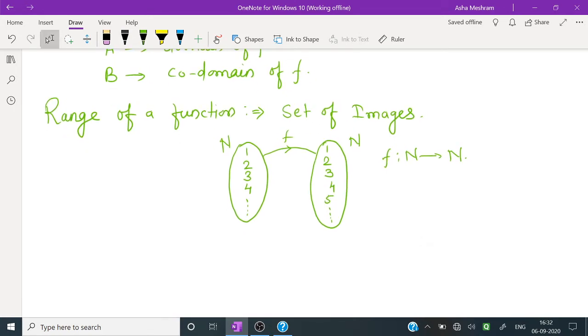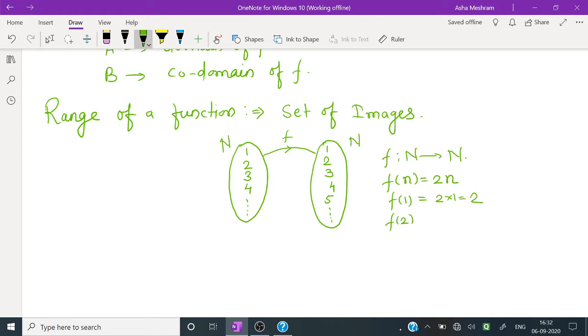To define a function I need some rule between the elements of the two sets. So here I define f of n equal to 2n. If I substitute n equal to 1, as my set starts with 1, f of 1 will be 2 into 1, which is 2.